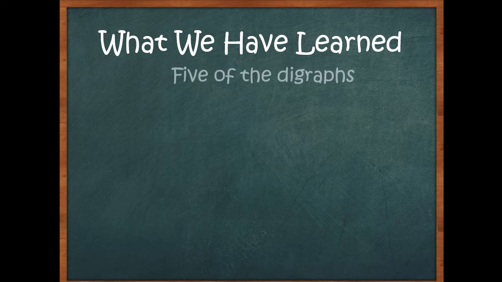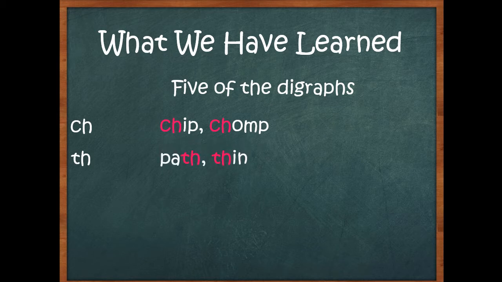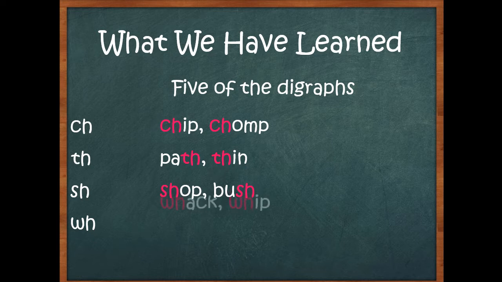So one of the big things that we learned about was 5 of the digraphs. We learned CH, the ch sound as in chip and chomp, and th, the th sound that we hear in path and thin, and the sh, which we hear in words like shop and bush, the wh, which is confusing because it sounds just like the w, is a w sound like we hear in whack and whip.